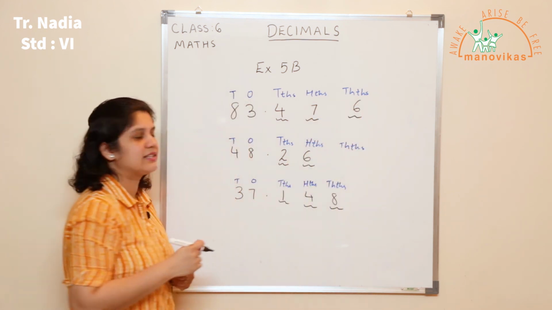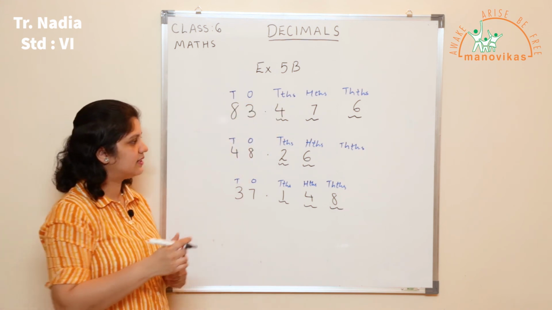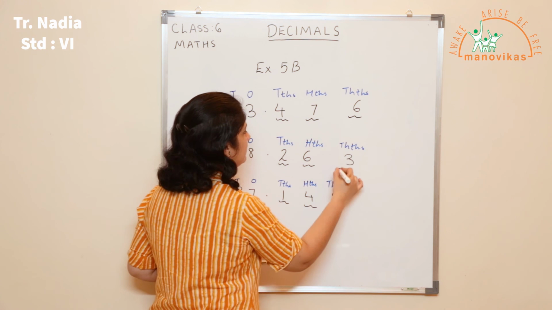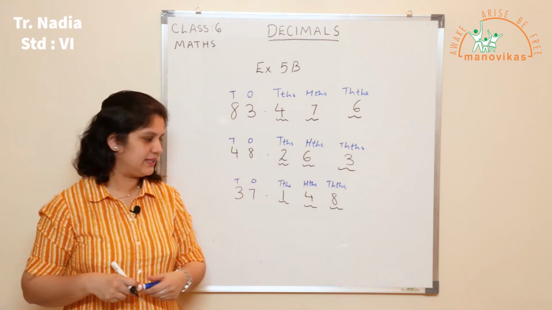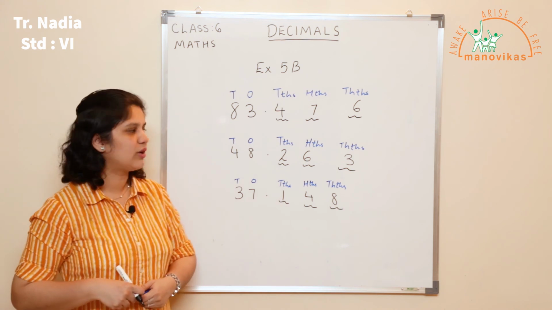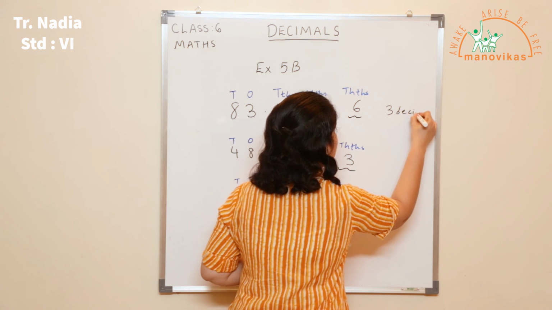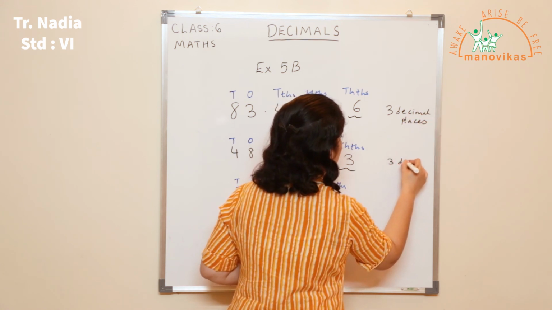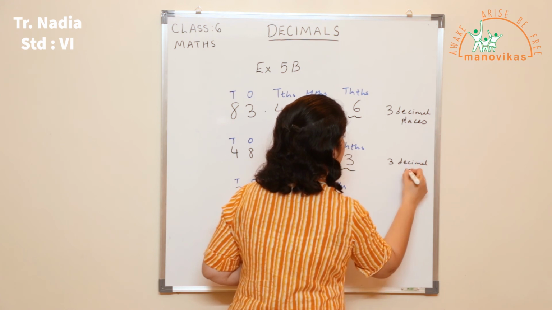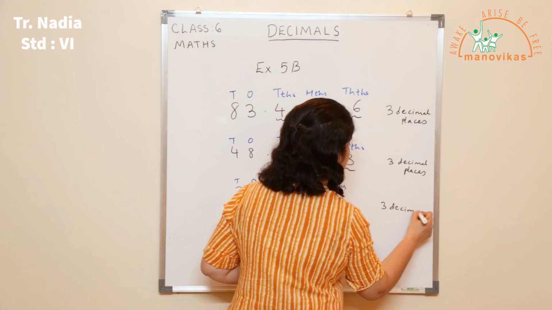My first number has got 3 decimal places. I have tenths, hundredths as well as thousandths. Here also I will put some number. My second number also now has 3 decimal places. And the third number also has 3 decimal places. So everywhere I have 3 decimal places.